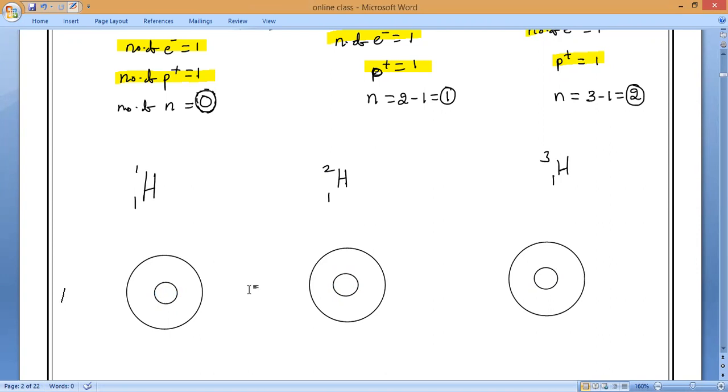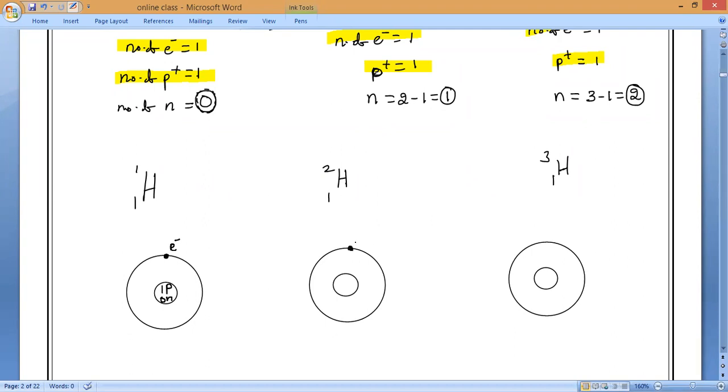All atoms should be the same size. Now first one, tell me number of protons. Number of protons here, 1. One proton. And neutrons, 0. Zero neutrons. And electrons, 1 electron.